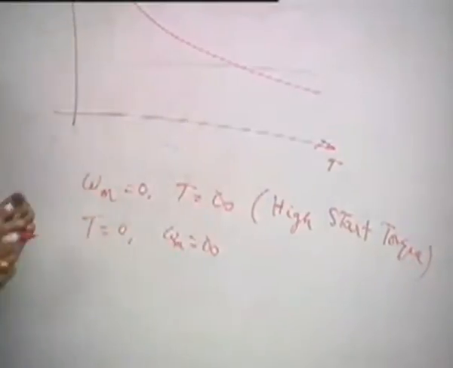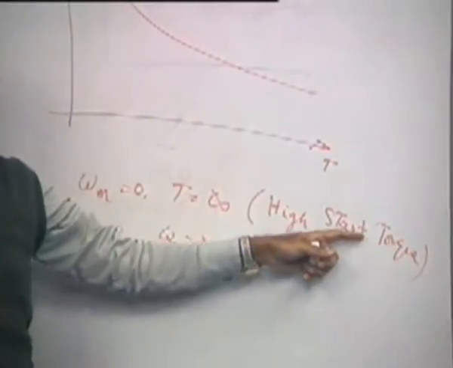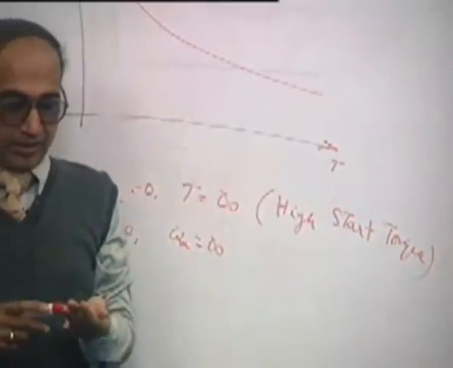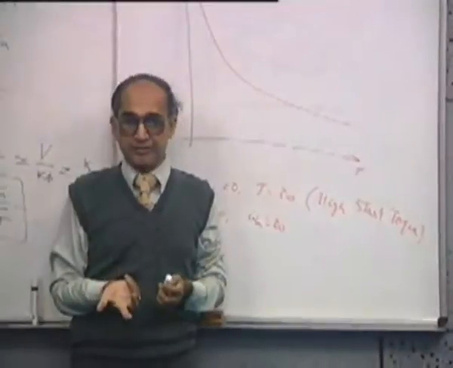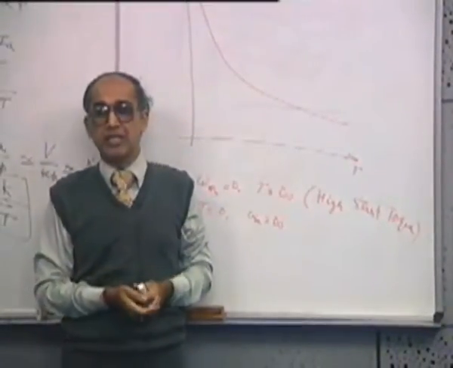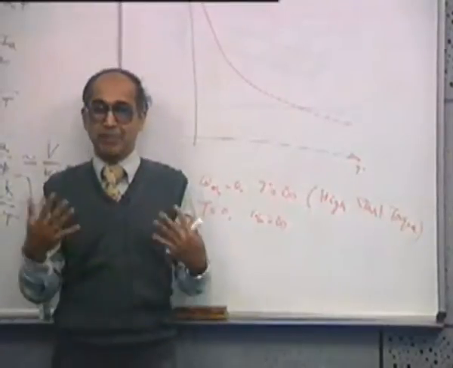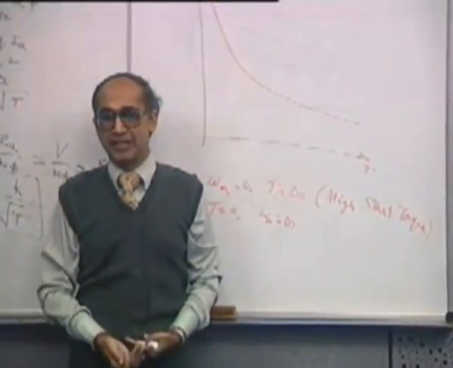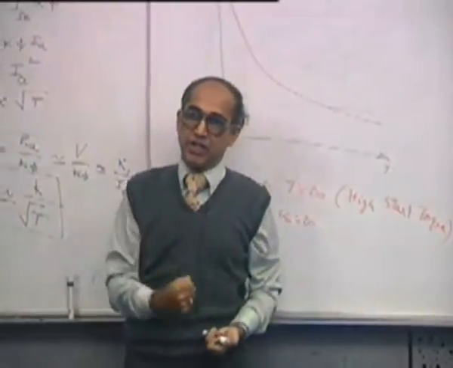Whenever you require an application with a very high starting torque, you use DC series machines. That's why you use them in electric traction. That's an important application because you are starting the train with load on it, with all the passengers in the compartments. Therefore, it must have a high starting torque.